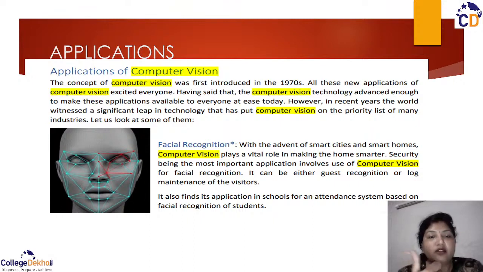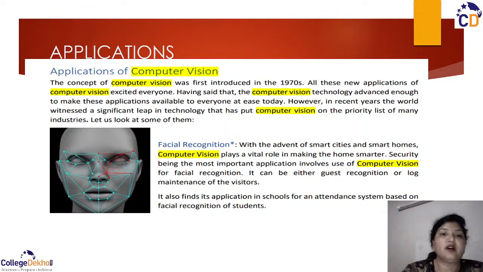Your biometric, your fingerprint also, it is taking as an input. Why? Because it would be different for different people. It could not be the same for everyone. And how does the computer understand this is my retina and this is someone else's retina? Based on the pixel information, right? So these are some applications of computer vision, and we should know how we are using such applications in our real life, right?